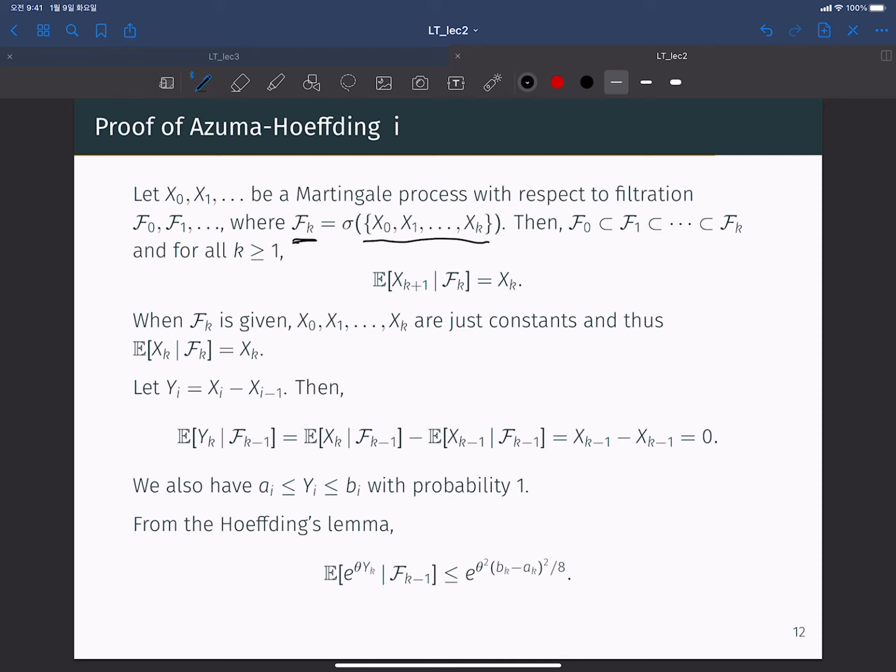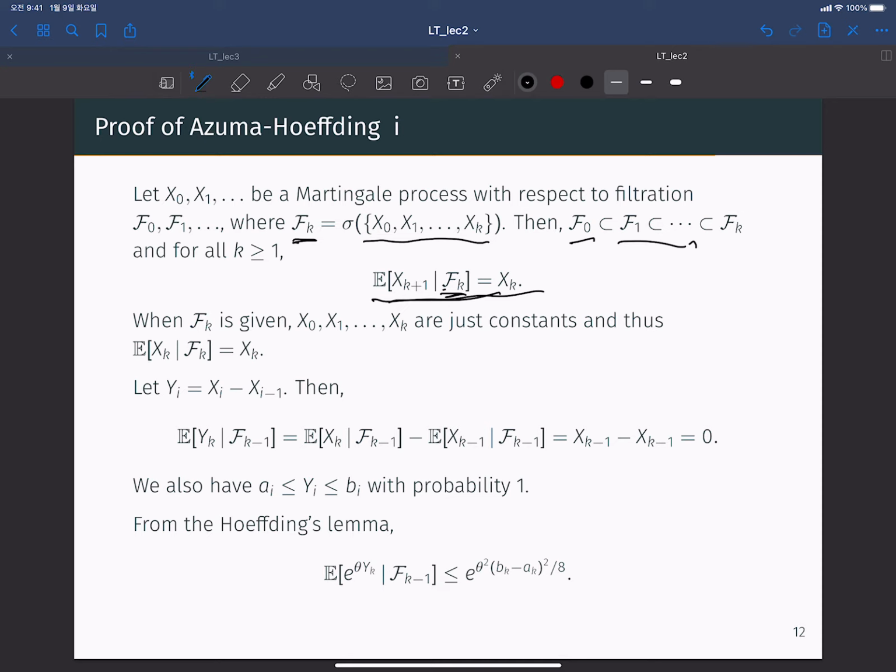Then of course, as time goes by, the filtration space becomes expanding. And for all k greater than or equal to 1, the martingale process has this property. When you take the expectation of xk plus 1 given the filtration at time k, this result is always equal to xk, right?